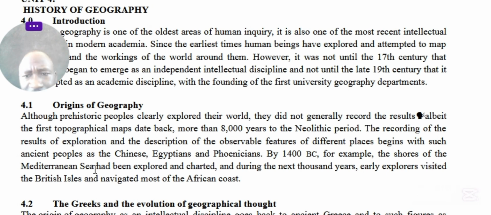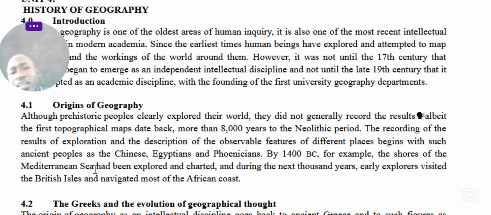With the history of geography, this dates some years ago, around 18,000 years ago, during the period of the Neolithic, which is termed the New Stone Age period. That's when geography as a discipline actually started to be captured.